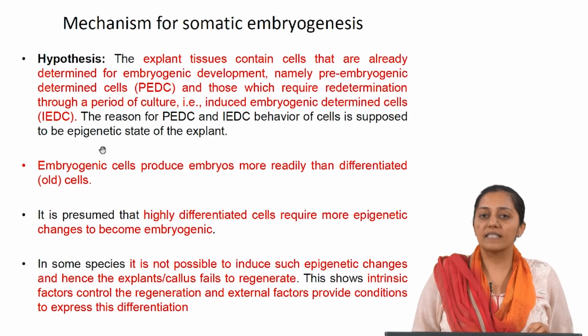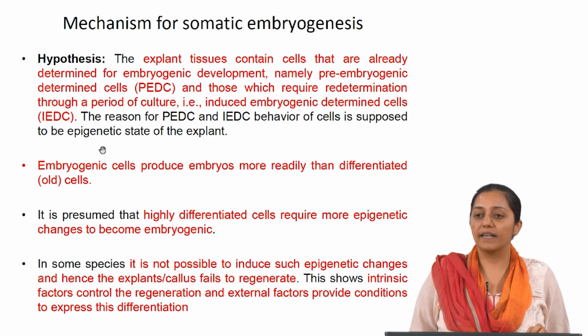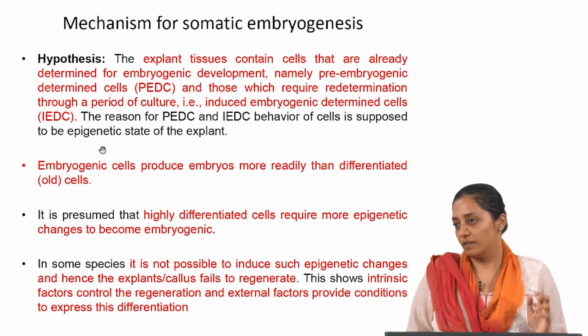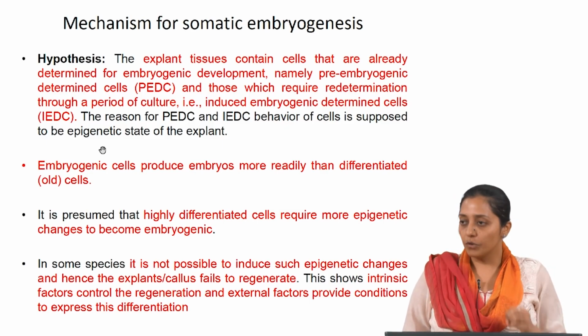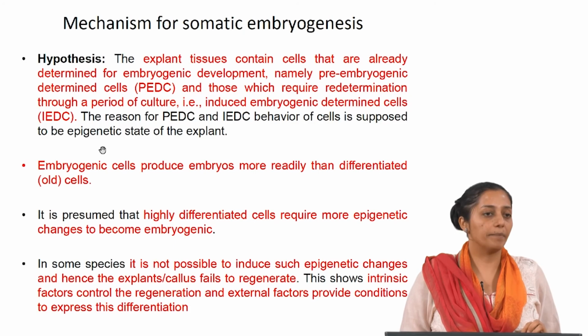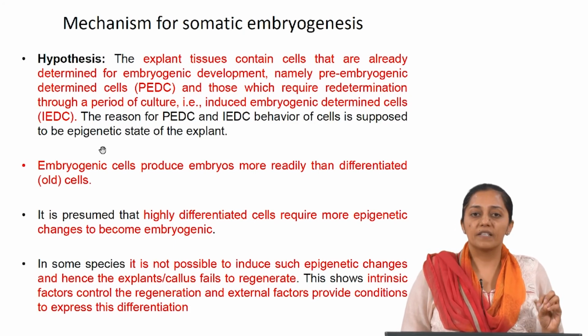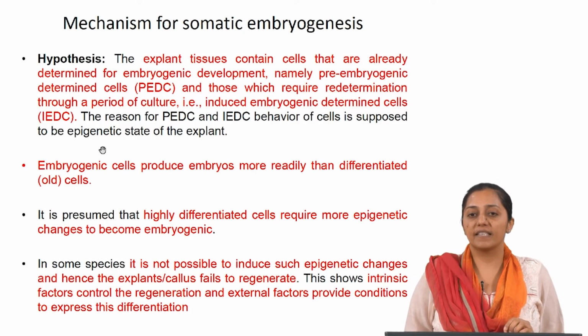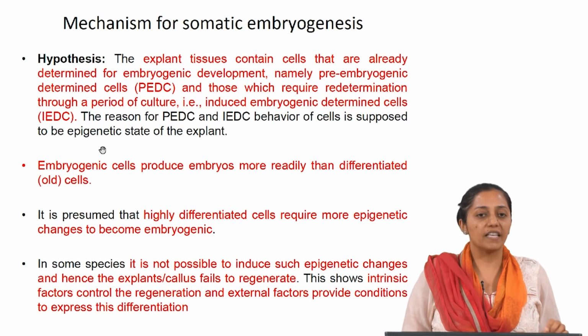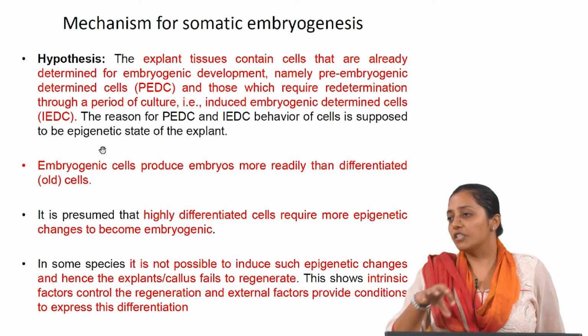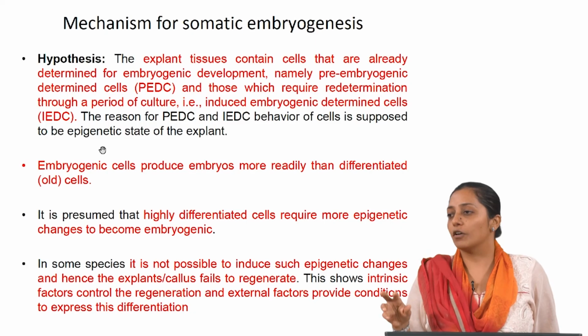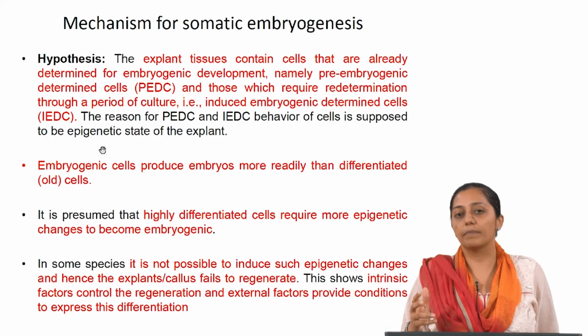Now, embryogenic cells produce embryos more readily than the differentiated explants or induced embryogenic competent cells. So, it is presumed that highly differentiated cells need more epigenetic changes. So, when we change the environmental parameters or we give stimuli, what is happening?